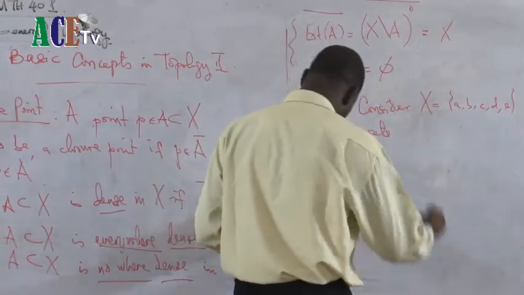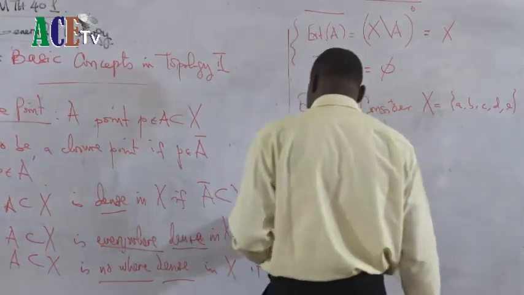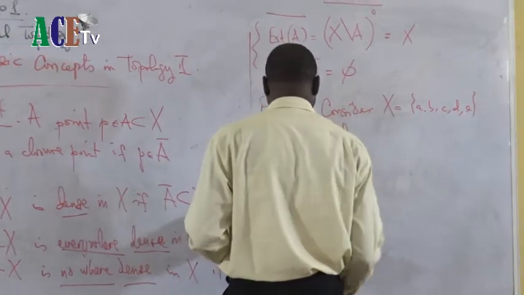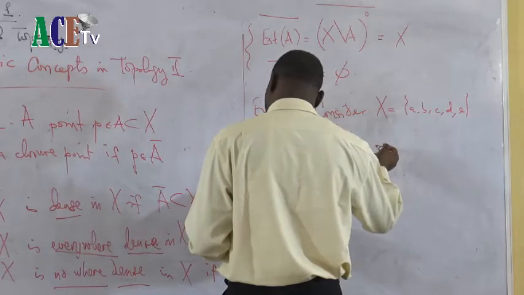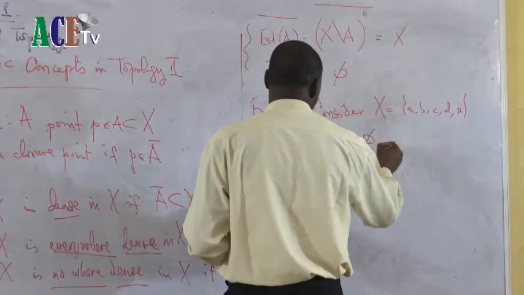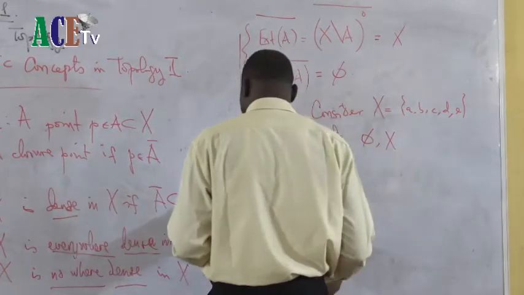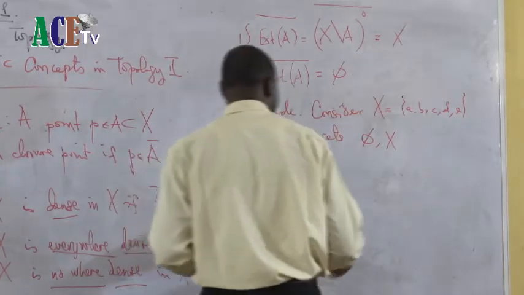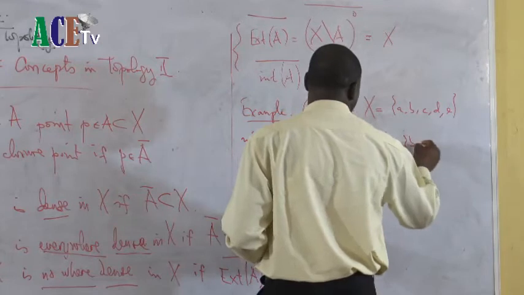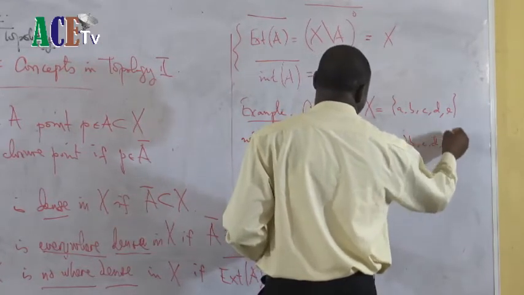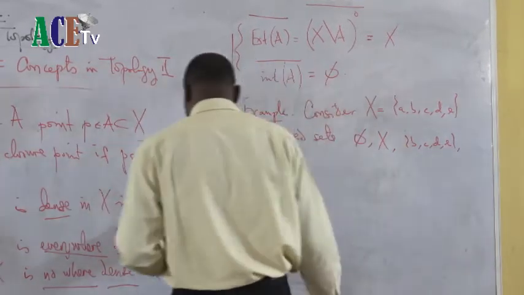We want to give the closed sets in this set. The closed sets here include the empty set. We can also take X to be a closed set of this. And then we take {B, C, D, E}. Okay?